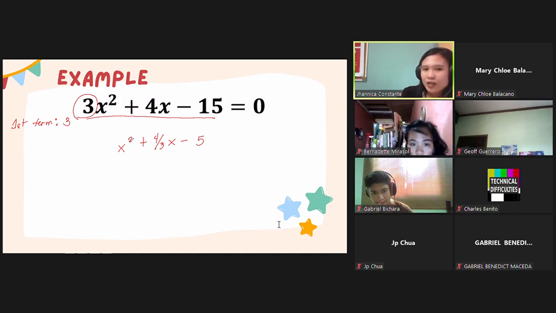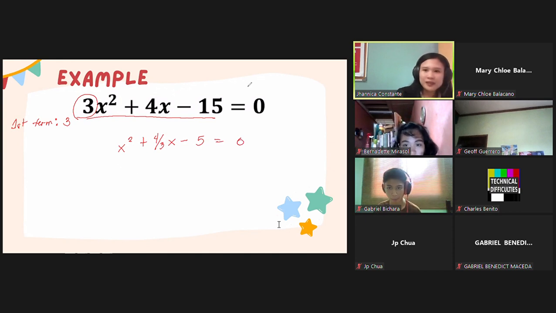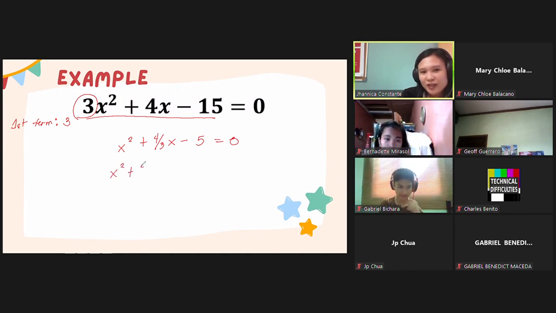So we have x squared plus 4 over 3x minus 5 equals to 0. So since we are done removing the coefficient of our first term, we can now perform the completing the square. So x squared plus 4 third x equals to positive 5.